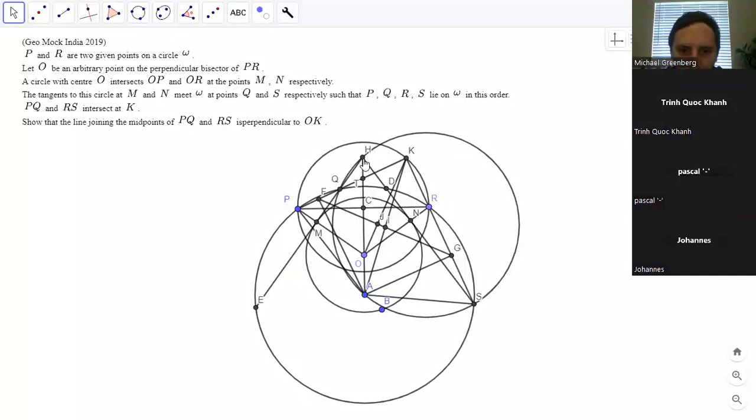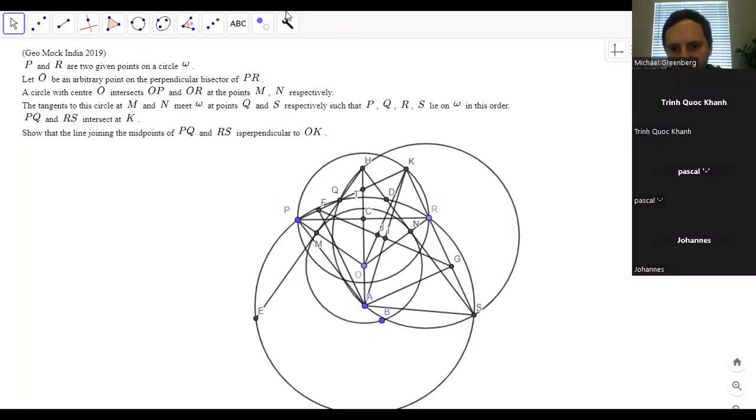So okay, we're using that this is cyclic, and we're showing that angle ASK is KPO, or sorry, it's, yeah, KPO is KSA. Yes.